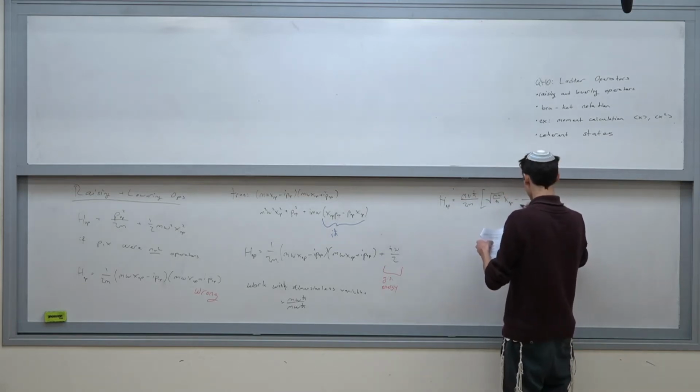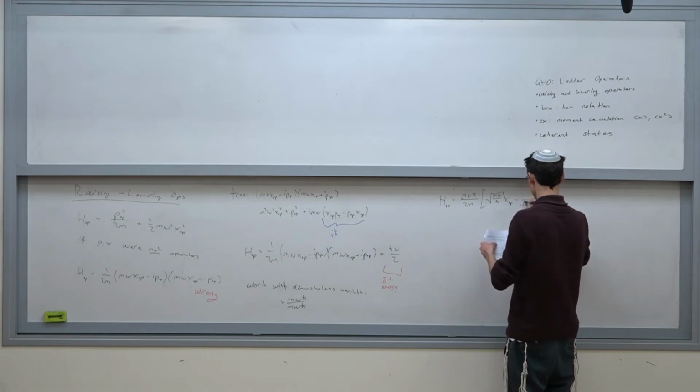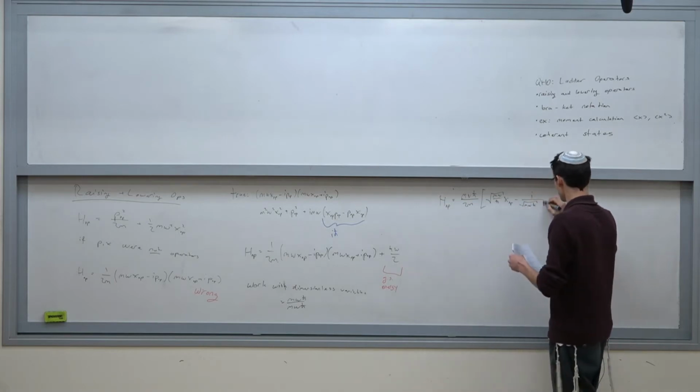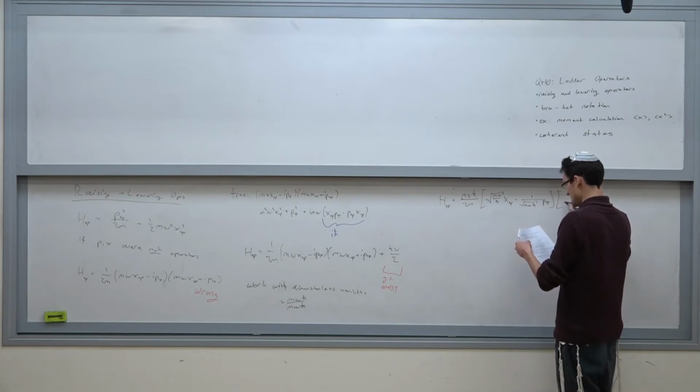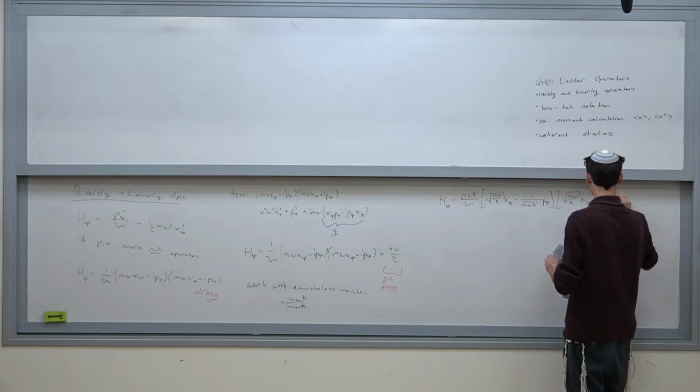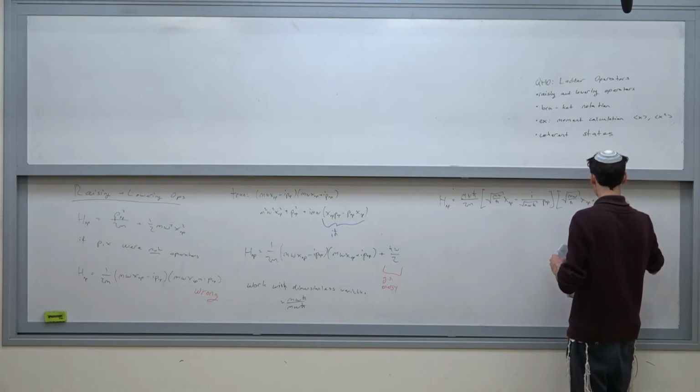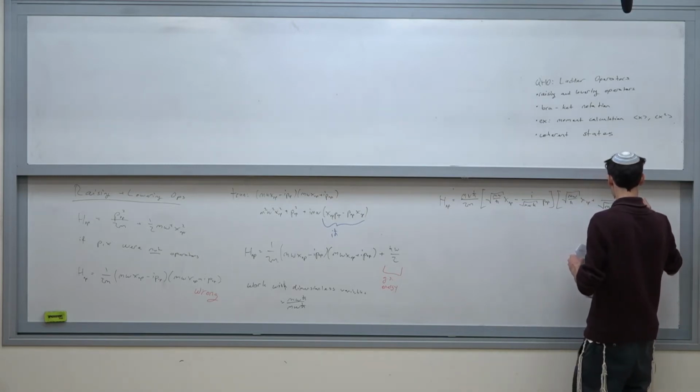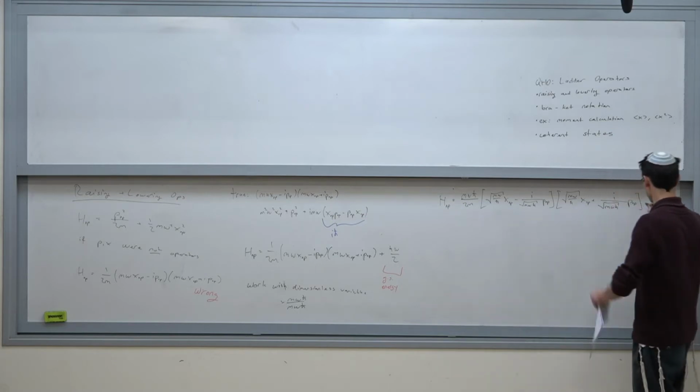You can go over the calculations at home, make sure I'm doing it correctly. It's always a good exercise to check. And then we get the same thing again with the plus sign, plus the ground state energy.